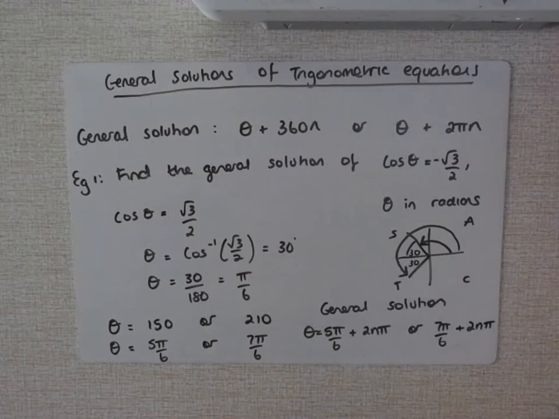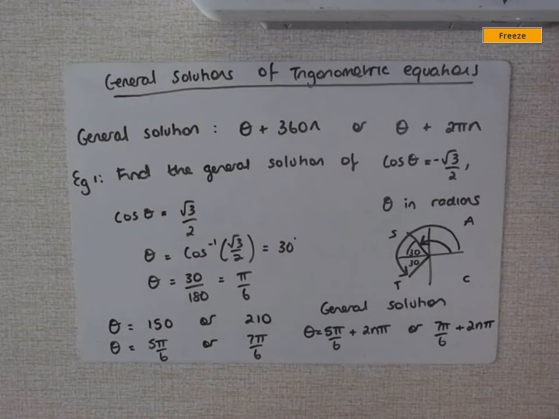Okay, let me do another example. Plus, you need to know that you have to add on 2n pi or 360n. Yes, definitely.